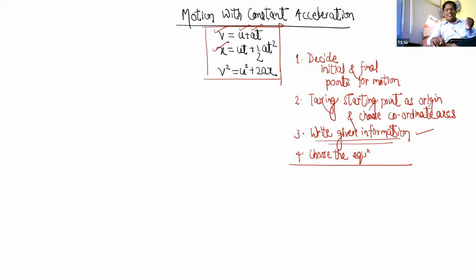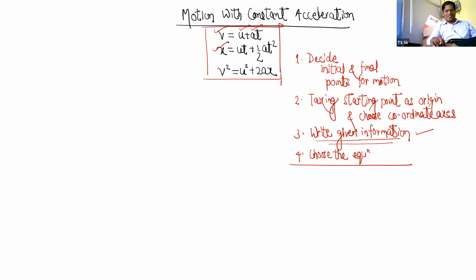That writing s creates some kind of confusion. Therefore, I don't write it as s. I write it as x because actually that is position. Sometimes when we write s, it defines displacement, so there also you should remember that it is position.